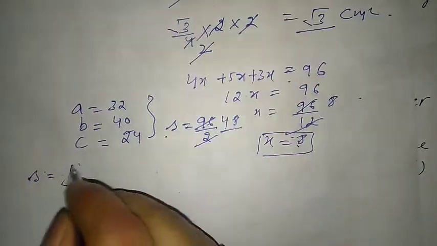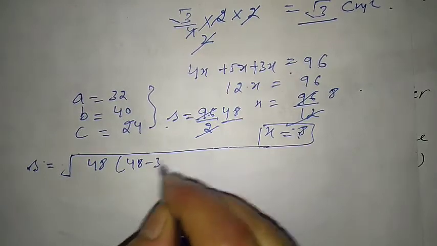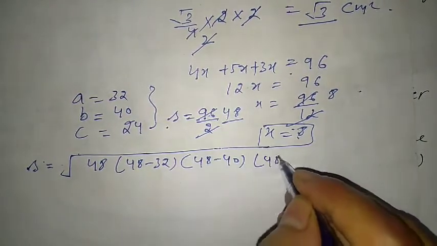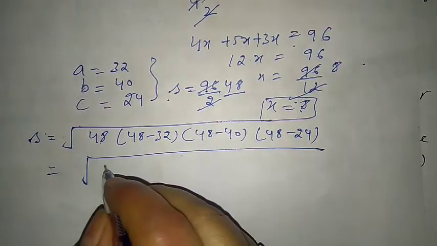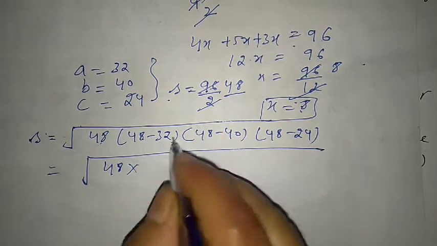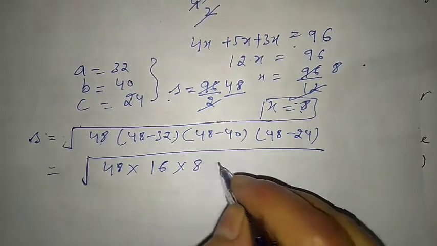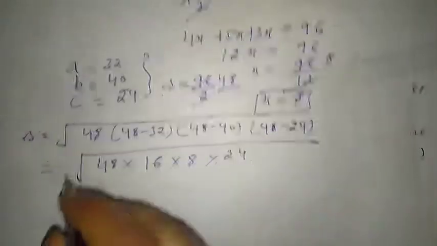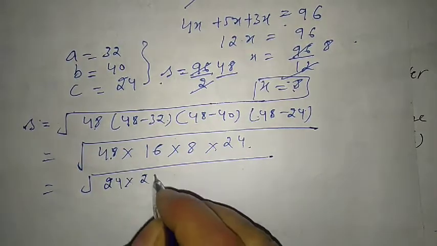So area is under root 48 into 48 minus 32, 48 minus 40, 48 minus 24. That is under root 48 into 16 into 8 into 24.